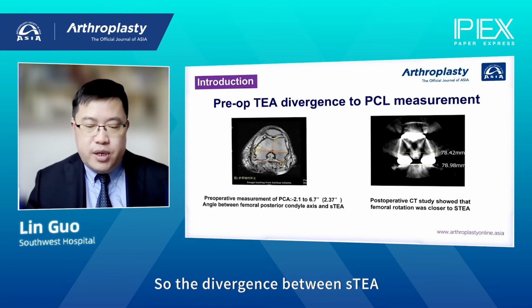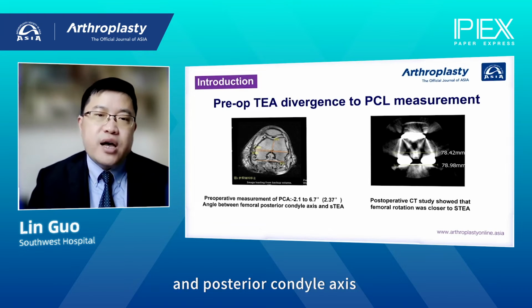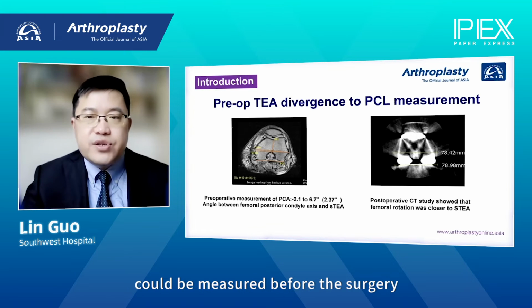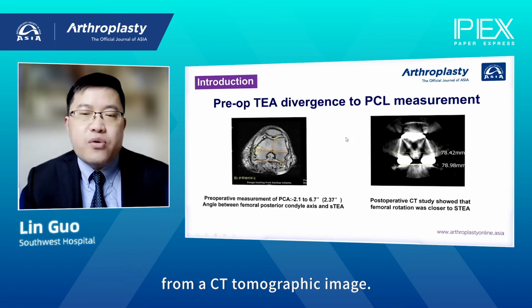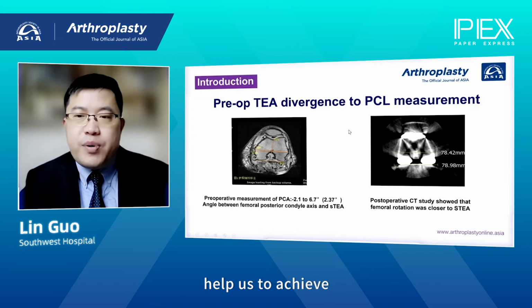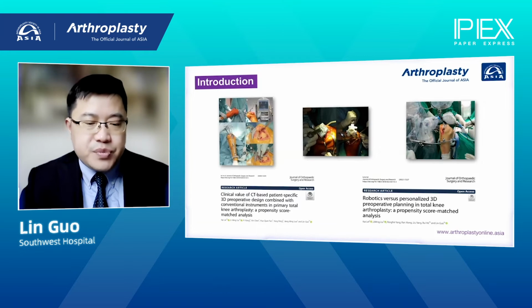The divergence between the STEA and the posterior condylar axis could be measured before the surgery from a CT tomographic image, and we have done this study to help us achieve a better femoral rotation position.